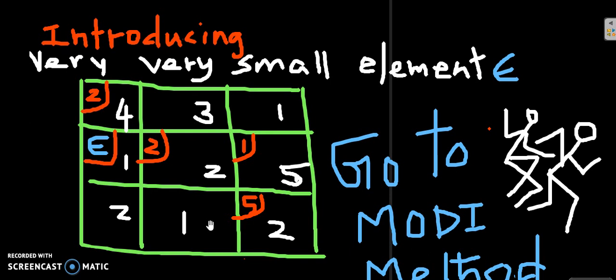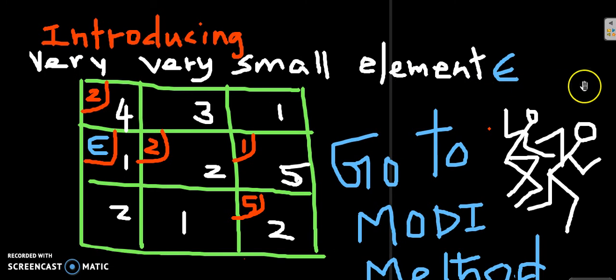The cell which contains the least transportation cost we have to take into account. In this particular matrix, this is the very lowest transportation cost.